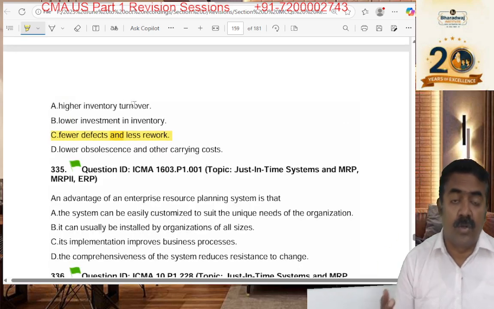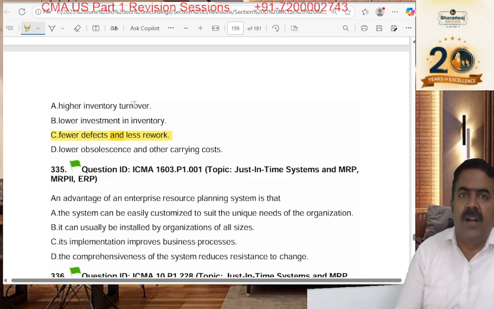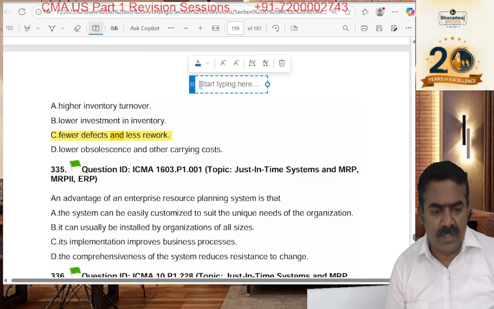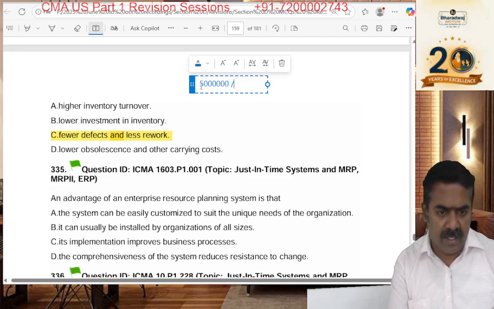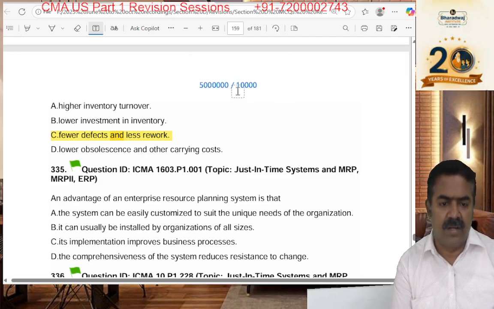Higher inventory turnover means inventory will move fast. With zero or fewer inventory, it will result in higher inventory turnover. For example, if inventory moved is like 5 million and inventory kept is only 10,000, it will result in higher inventory turnover.